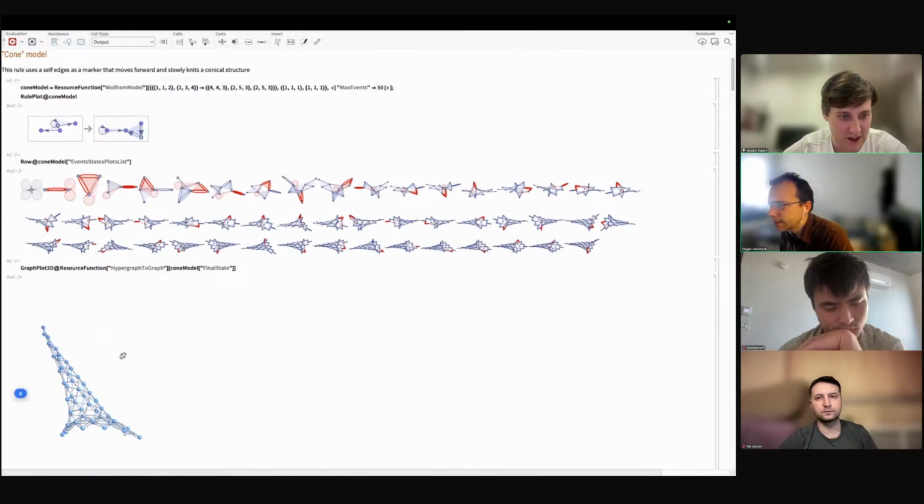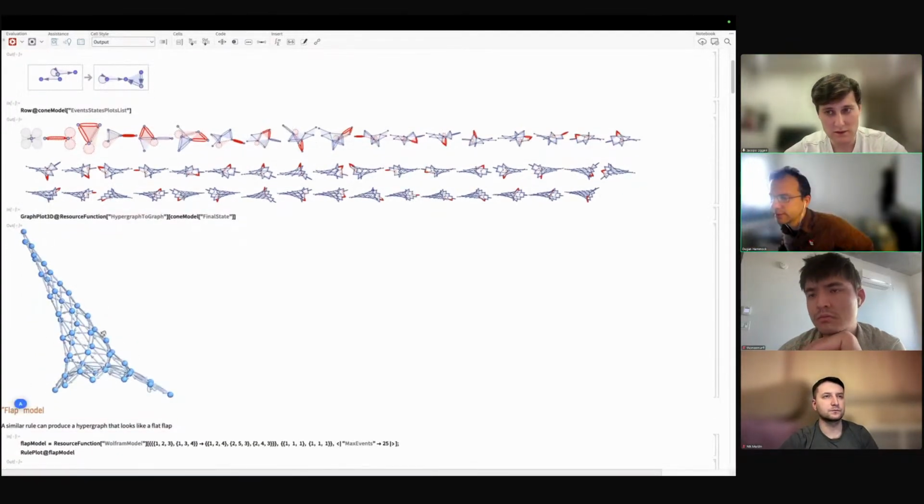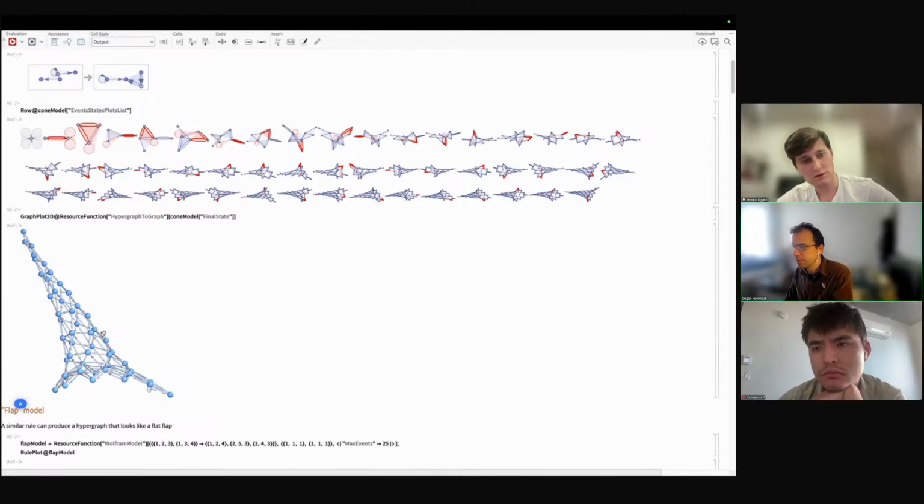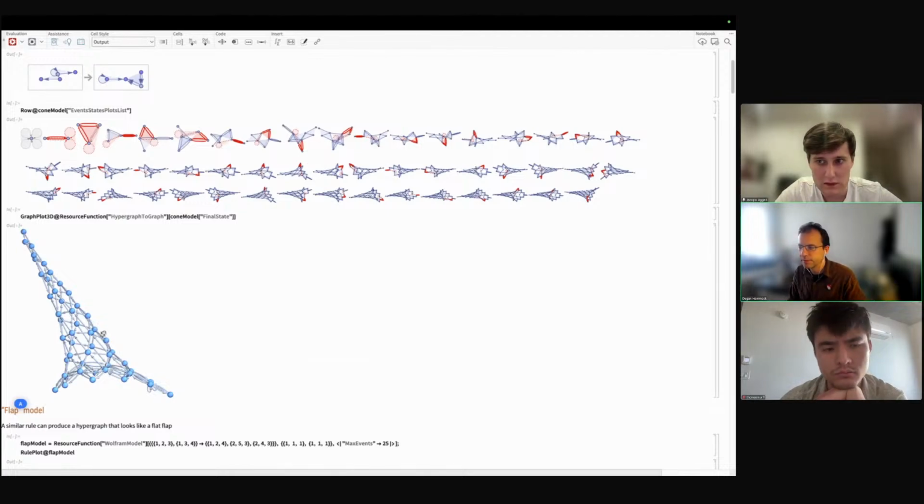Yeah. So the hypergraph is operating on the connections, and so it's purely a topological process. The reason it comes out as a cone is when you take that topology and try to embed it in 3-dimensional Euclidean space using spring electrical embedding, for instance, then it fleshes out to be this shape.